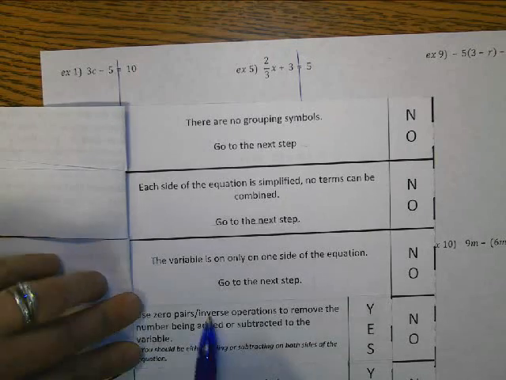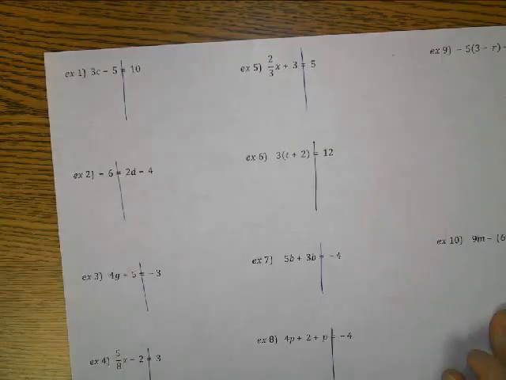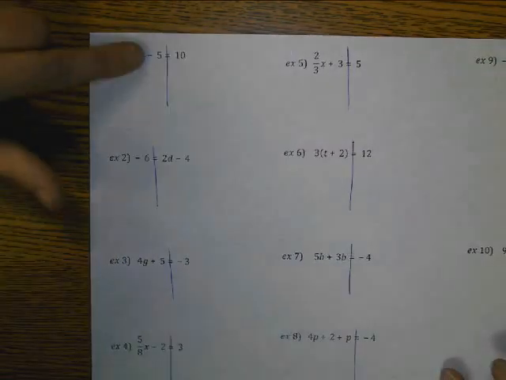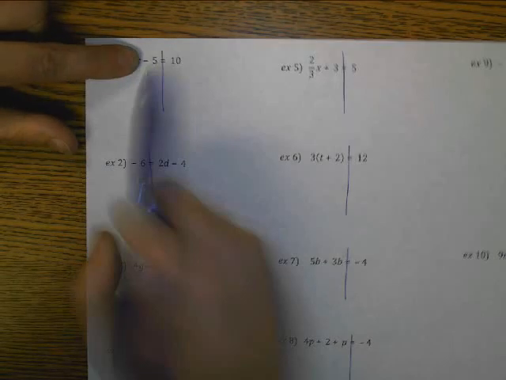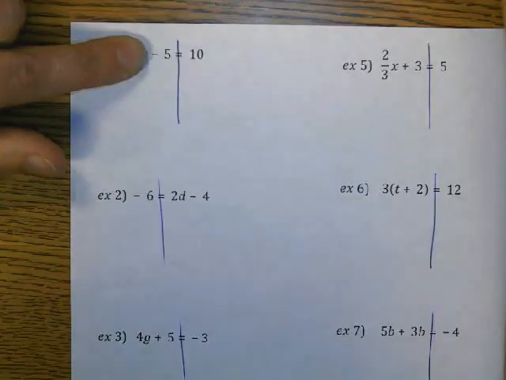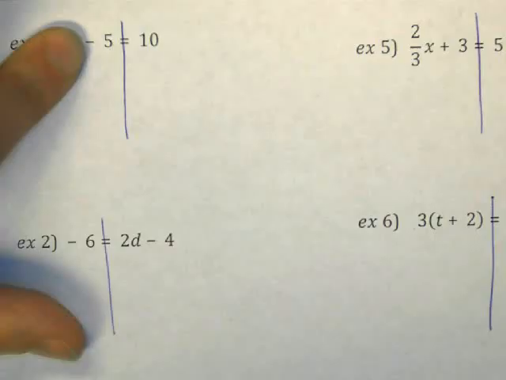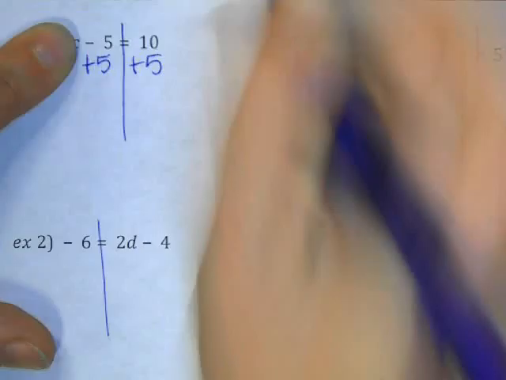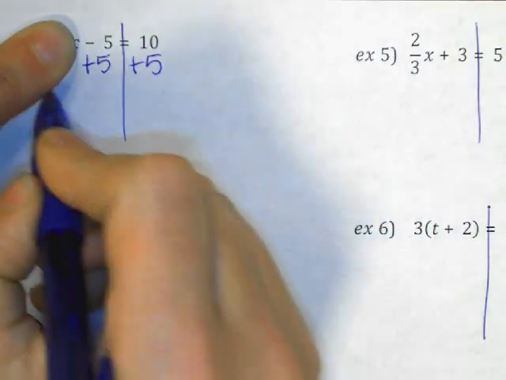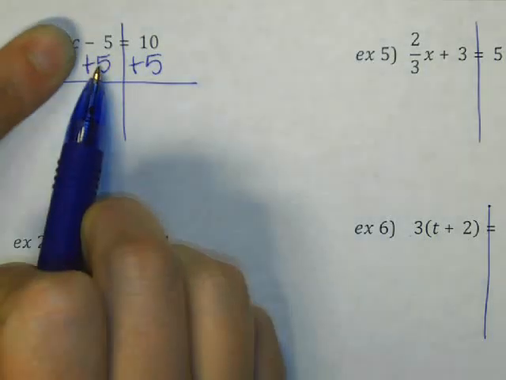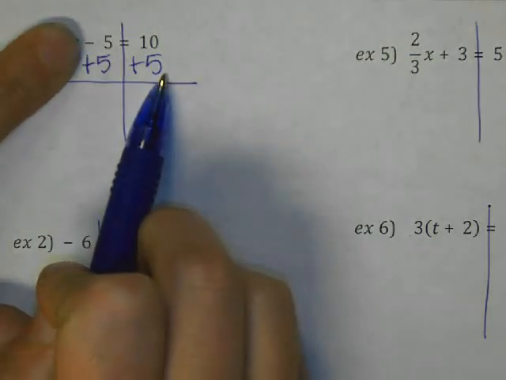You're going to use inverse operations to remove the number. So, what operation am I going to use to undo -5? Well, to undo -5, I'm going to do +5. I was subtracting 5, now I'm going to add 5. If I do it to one side, then I have to do it to the other side.